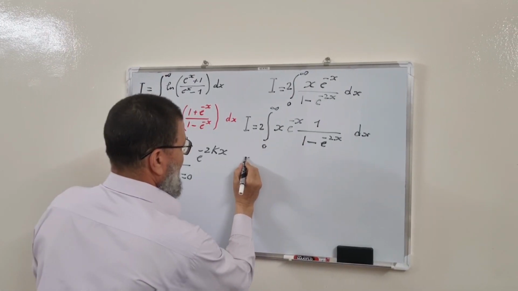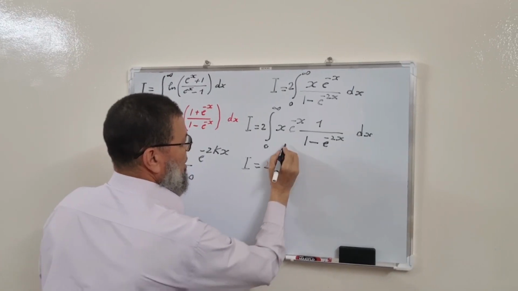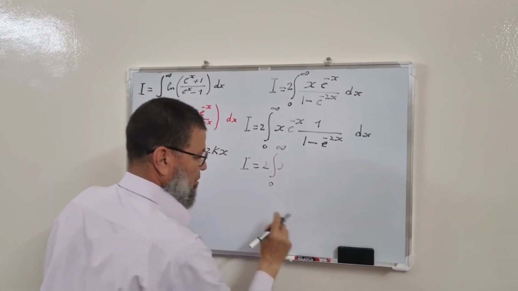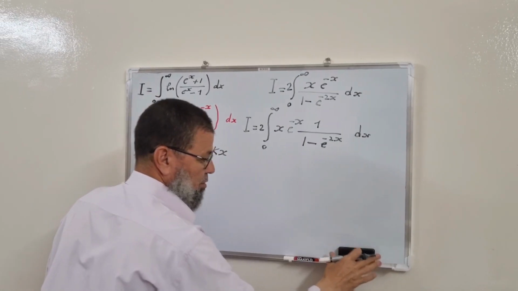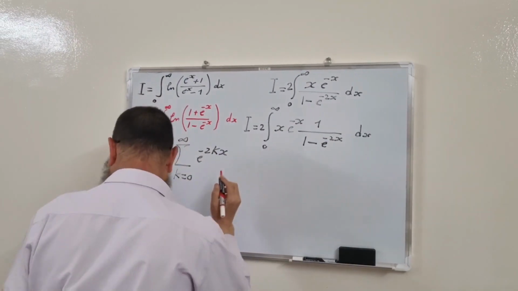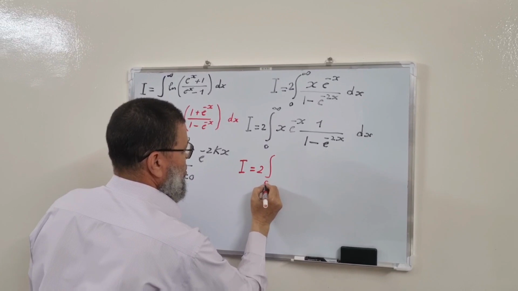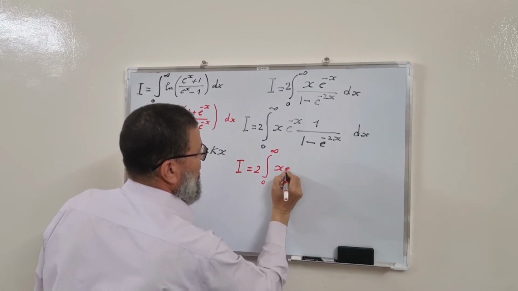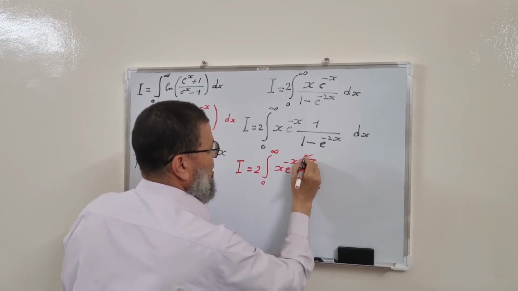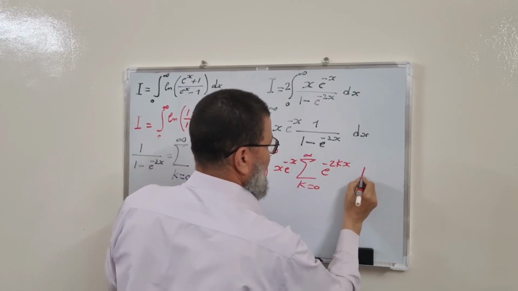So I will be the integration from 0 to infinity of x e^(−x) times the sum from k equals 0 to infinity of e^(−2kx) dx.